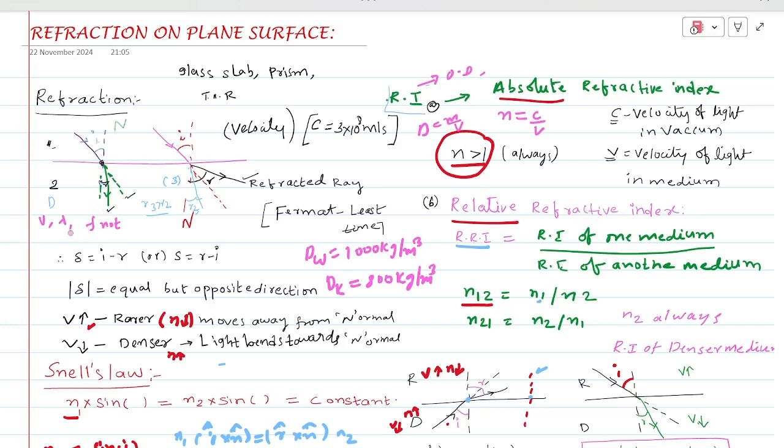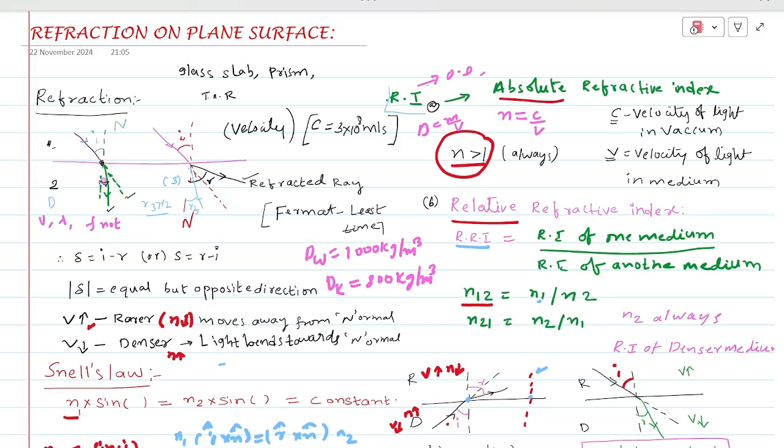So frequency does not change, while velocity and wavelength differ from medium to medium. If the medium is denser, velocity is less, and automatically wavelength is also less. If velocity is more, that medium is the rare medium.